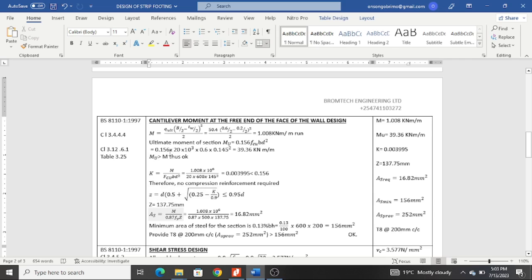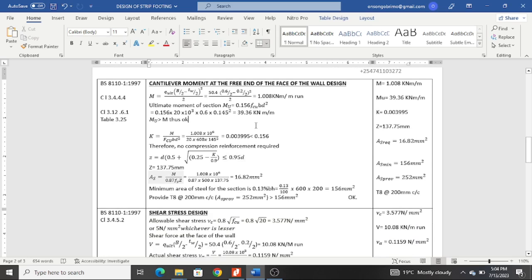So here it is multiplied by 20 by 10 to the power 3, multiplied by the width of my section, and then I do the effective depth squared, so that I can find the ultimate moment that my section can withstand. Therefore, since the actual moment is less than the ultimate moment, this is thus acceptable.